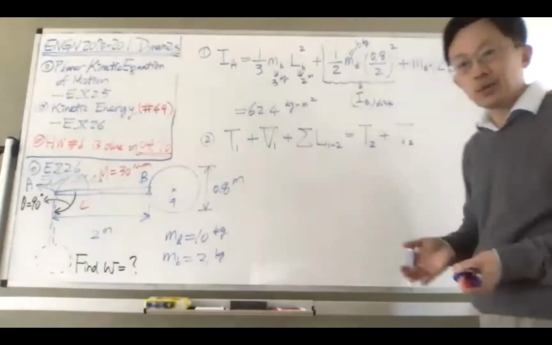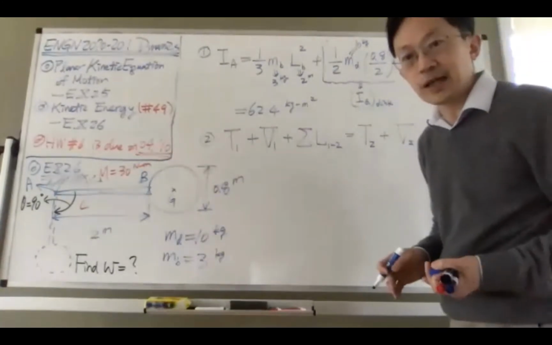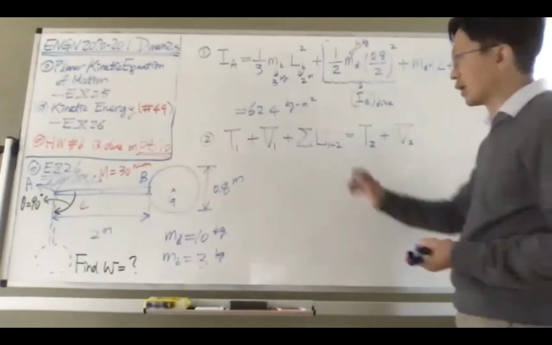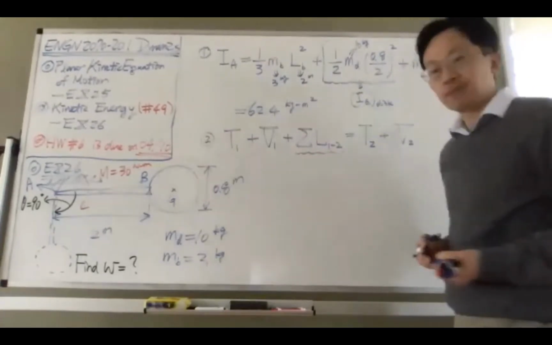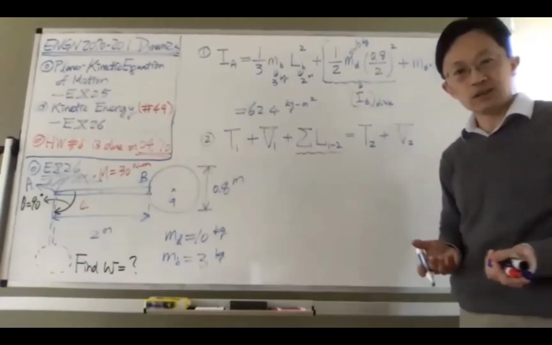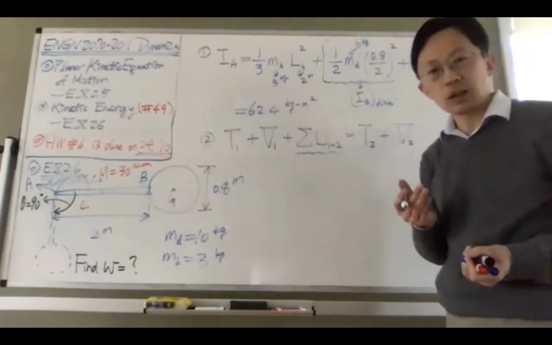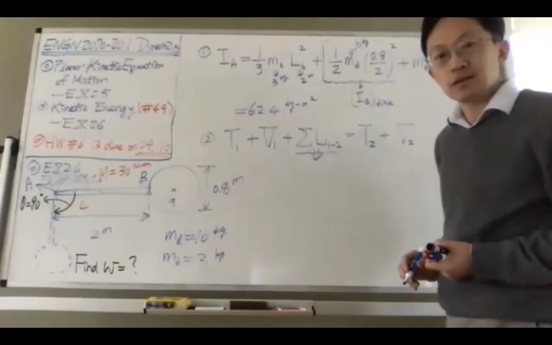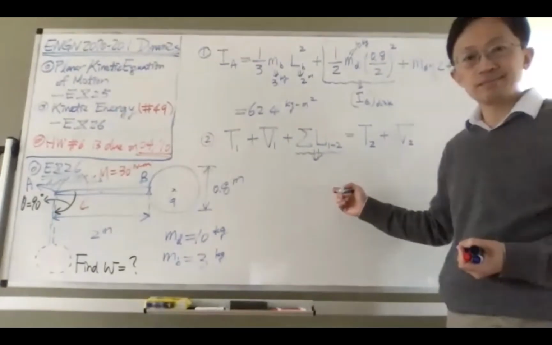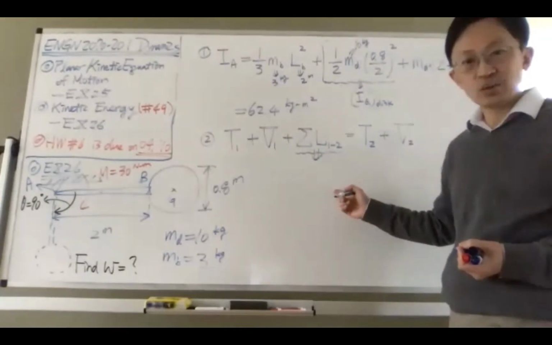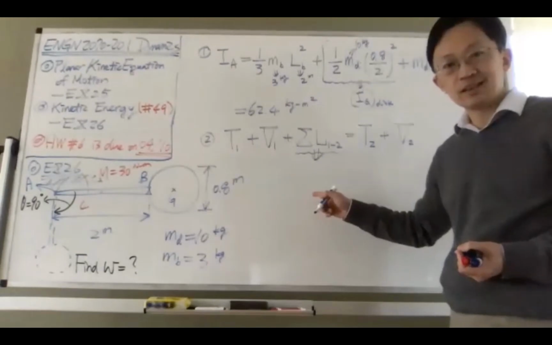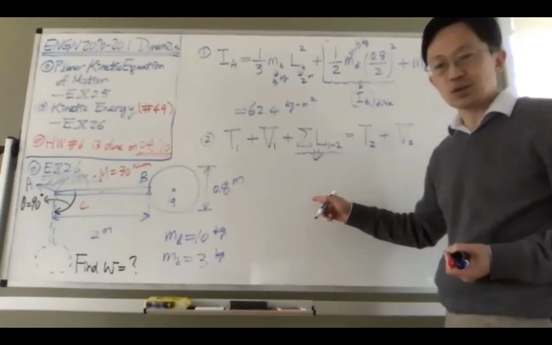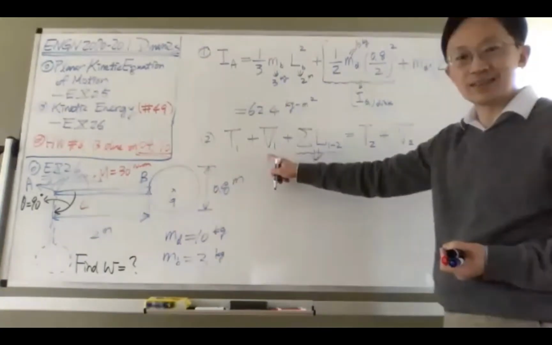Now, before you carry out any further calculations, ask yourself this. This term is what we call total work, right? And the work can only be produced by what? First, external force, right? Do we have external force here? Gravity? Gravity is not external force. Gravity goes to the potential energy.